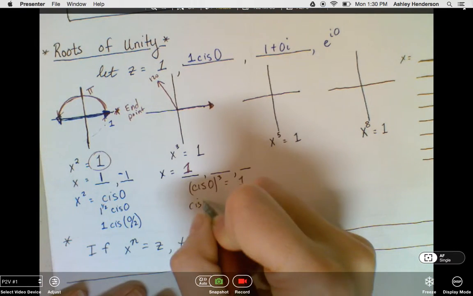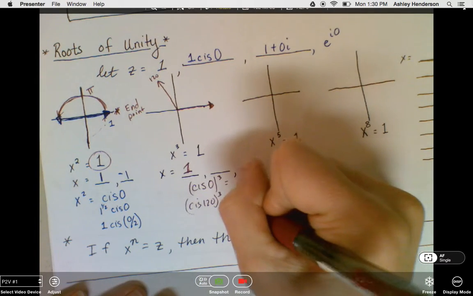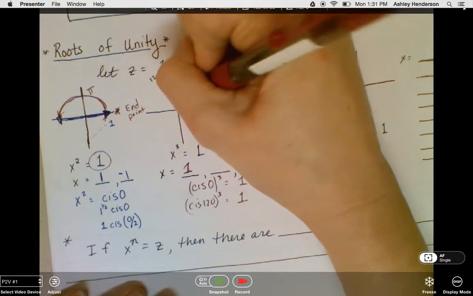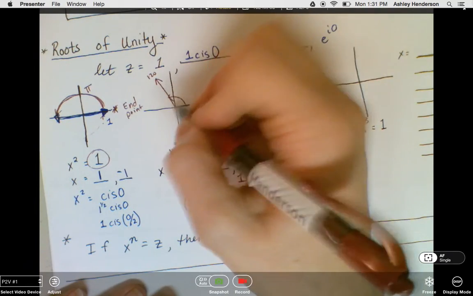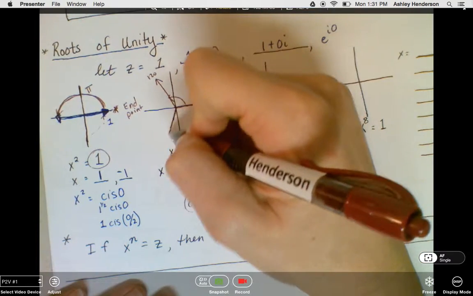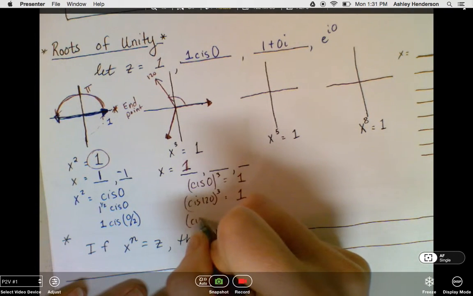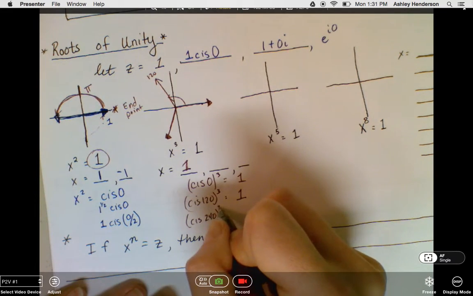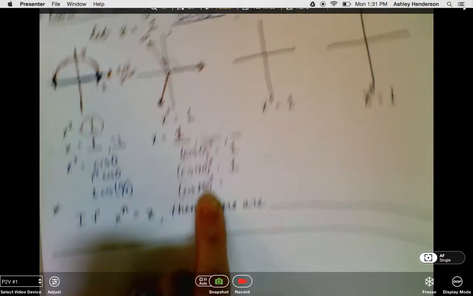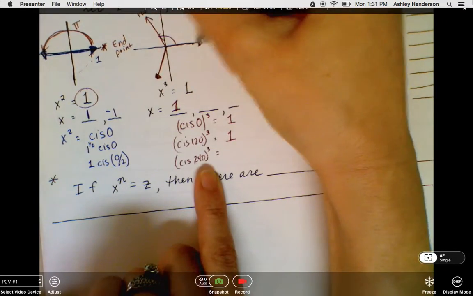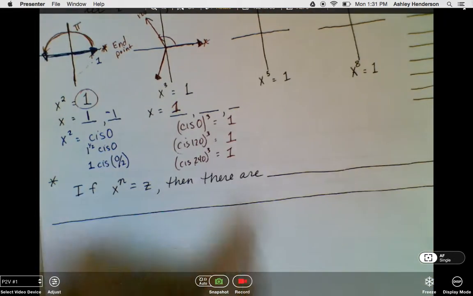So cis 120 cubed equals cis 360, which is 1. If I do that 3 times, I end here. And the last one, which is a little bit trickier, is 240. 240 cubed is 240 times 3, which is 720, which is 2 full rotations around with the right endpoint, also 1.